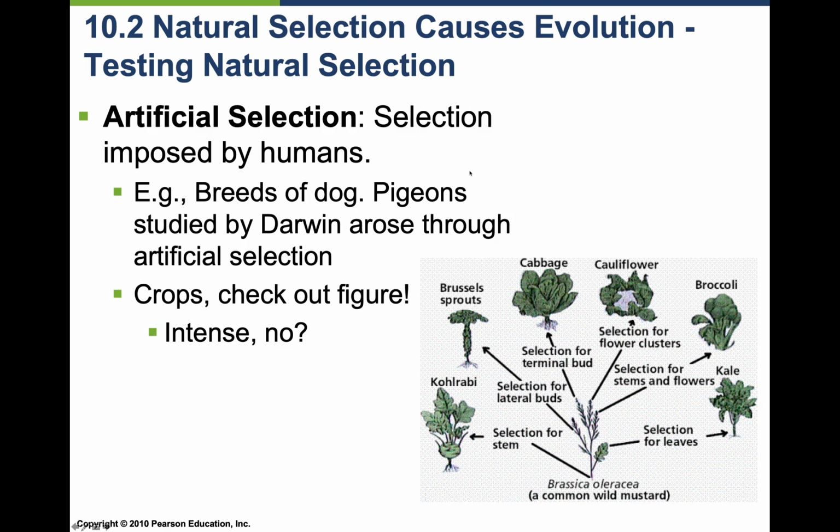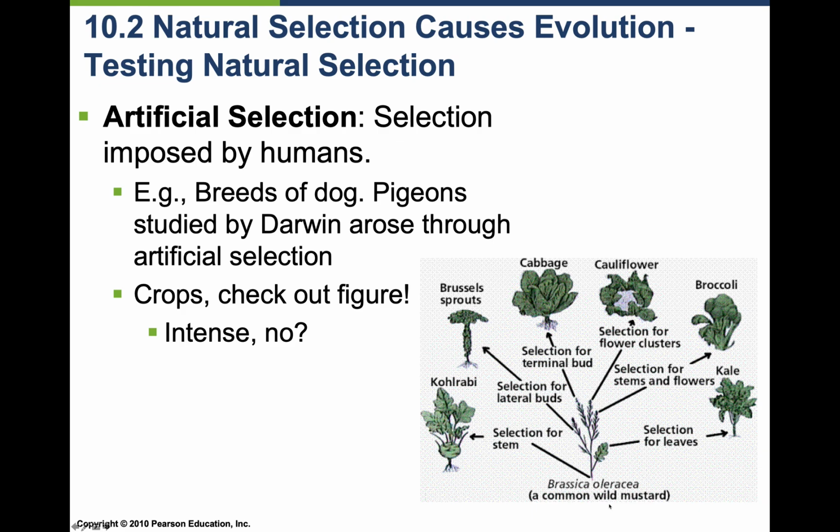And there's also things that humans do in terms of crops, and you've got to check this out, okay? So this is the common wild mustard, and through artificial selection, it has been turned into no less than 6 other crops, the vast majority of which you probably don't like, but you've got to still appreciate how awesome this is.